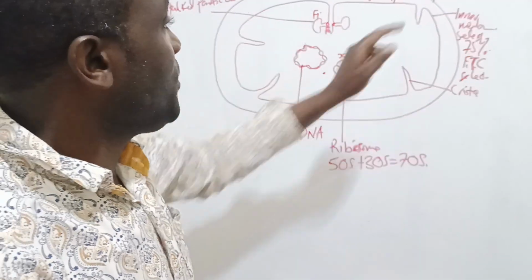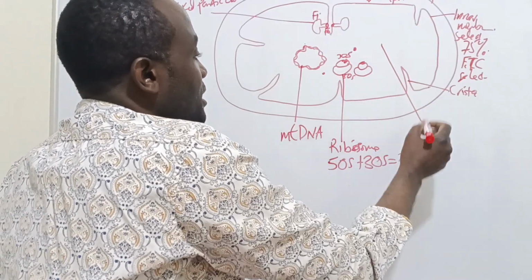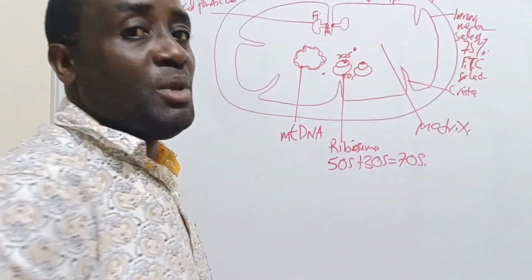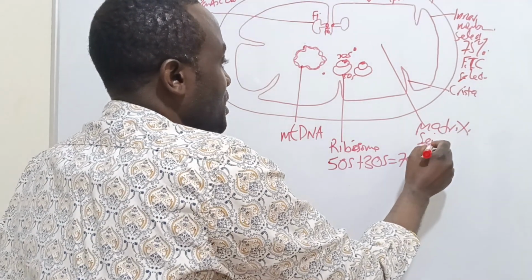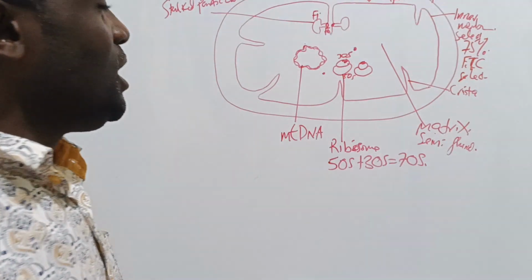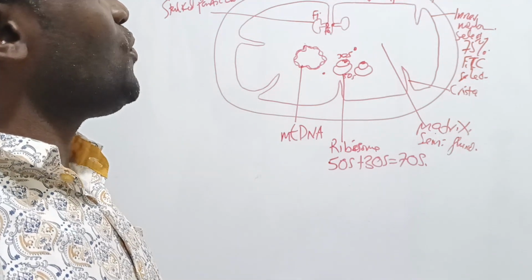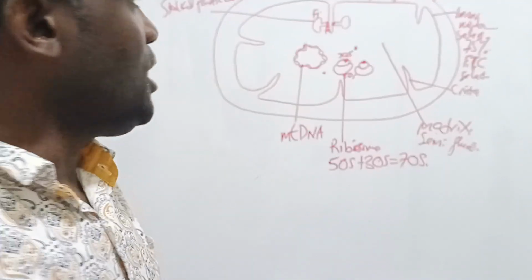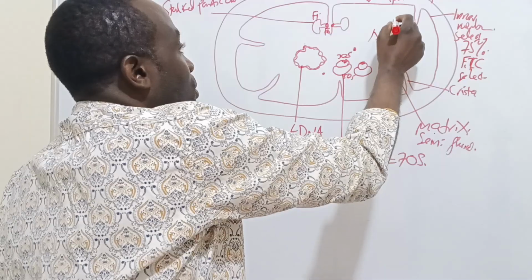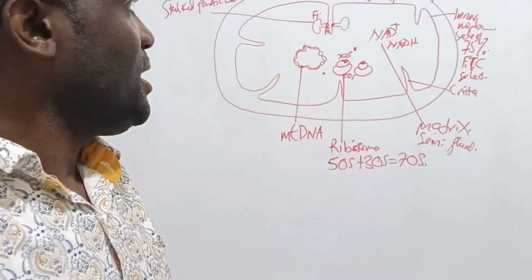Now, what you see here is the matrix. This matrix is semi-fluid. Its semi-fluid nature creates a very good environment for very many inclusions, including coenzymes such as NAD. Both oxidized and reduced NAD are there.